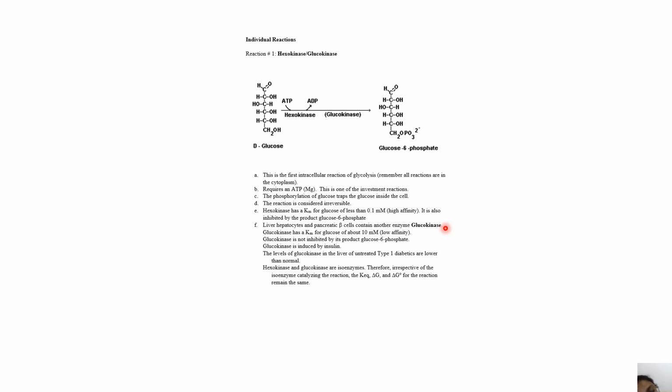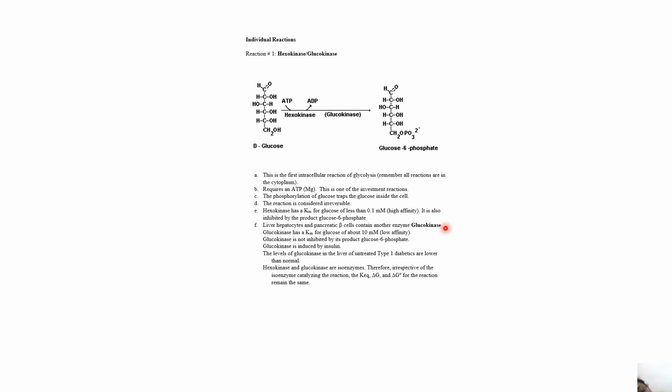Hexokinase has a KM for glucose of less than 0.1 millimolar, which means it has a high affinity. It is also inhibited by the product, glucose 6-phosphate. Whereas liver hepatocytes and pancreatic beta cells contain another enzyme, glucokinase. Glucokinase has a KM for glucose of about 10 millimolar, low affinity, and glucokinase is not inhibited by its product glucose 6-phosphate.